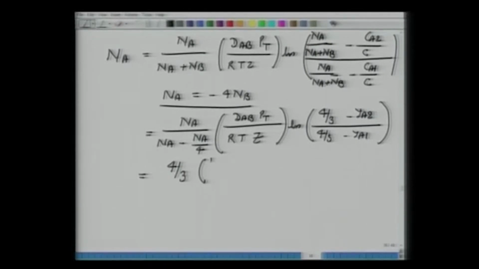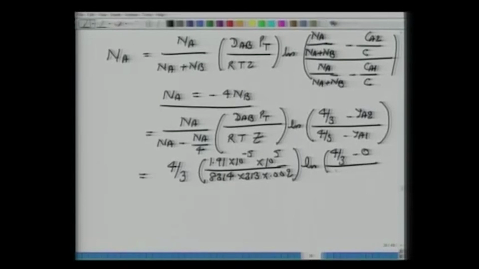Na equal to Dab Pt over RT Z, ln of 4 by 3 minus Ya2 over 4 by 3 minus Ya1, where Ca2 by C is nothing but the mole fraction at location 2. Substituting the values: Dab 1.91 times 10 to the power minus 5, total pressure 10 to the power 5, R 8314 in the same SI units, temperature 313 Kelvin, diffusion length 0.00, ln of 4 by 3 minus 0 over 4 by 3 minus 0.6.